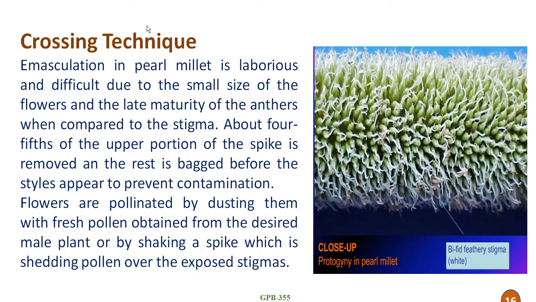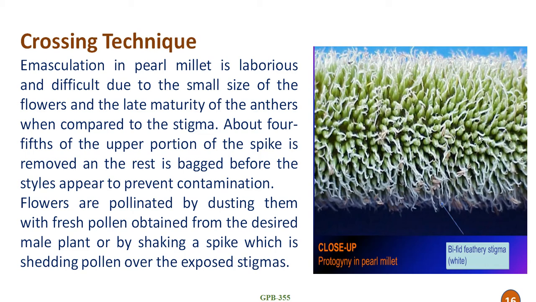Then what is the crossing or hybridization technique used by breeders in hybrid seed production of bajra? We have already discussed that bajra is protogynous. That means the gynoecium or stigma matures before the anther.